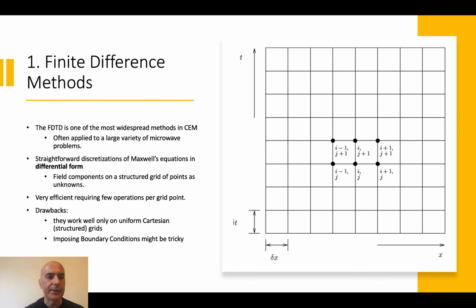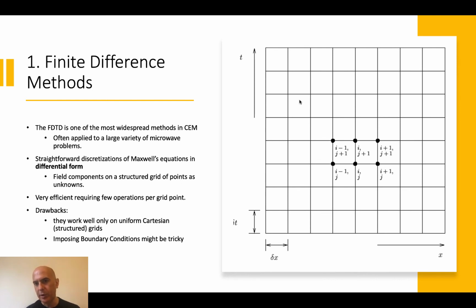The finite difference time domain method is one of the most widespread methods in SAM, often applied to a large variety of microwave problems. It is a straightforward discretization of Maxwell's equations in differential form on a numerical grid. Using finite differences, the field components of the electric field and magnetic field are discretized on a structured grid of points as unknowns.